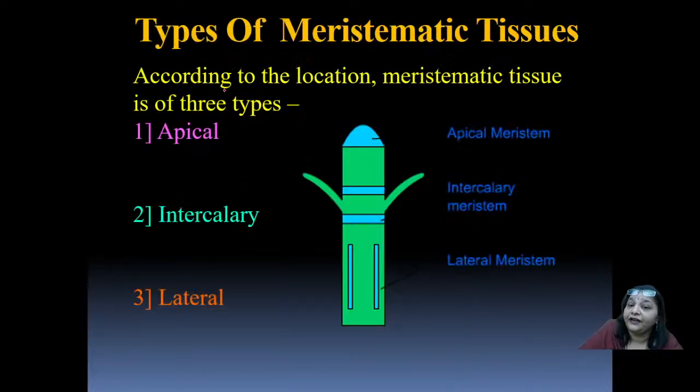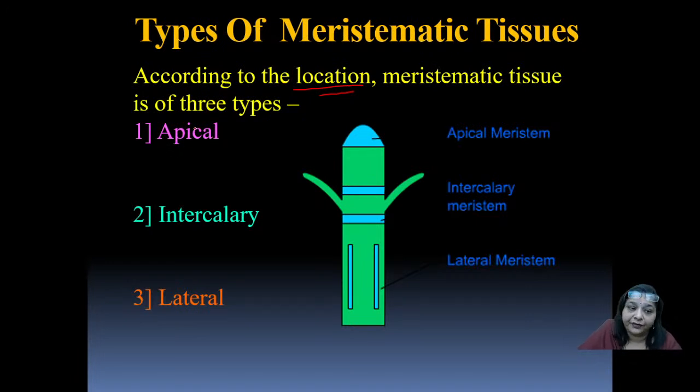Let us see the different types of meristematic tissues. Meristematic tissues are classified into three types based on their location. We are not talking about other criteria; we are talking about the place where the meristematic tissues are present.